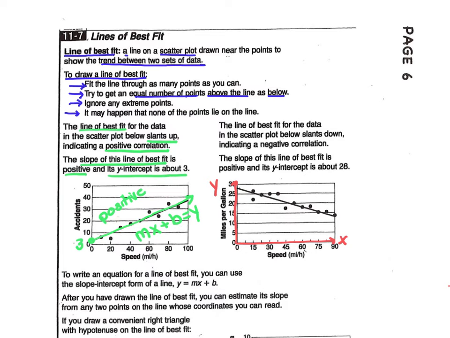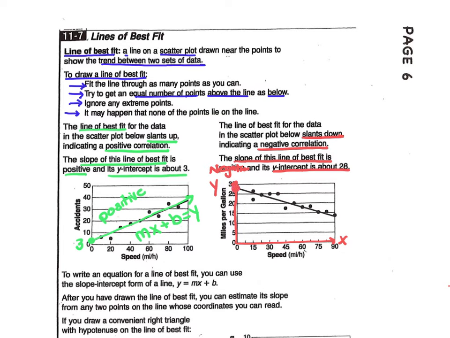The line of best fit for the data in the scatter plot below slants down, indicating a negative correlation. The slope of the line of best fit is negative, that's a typo, and its y-intercept is about 28.